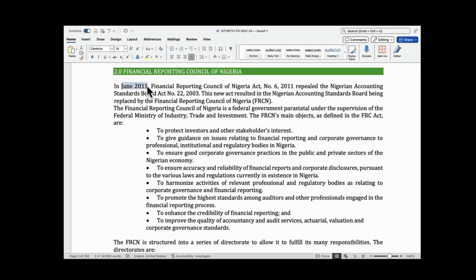Before then, we used to have NASB, which was enacted in 2003. That's none of our business anymore. What is our business today is the Financial Reporting Council of Nigeria, and it is under the Federal Ministry of Industry, Trade, and Investment.